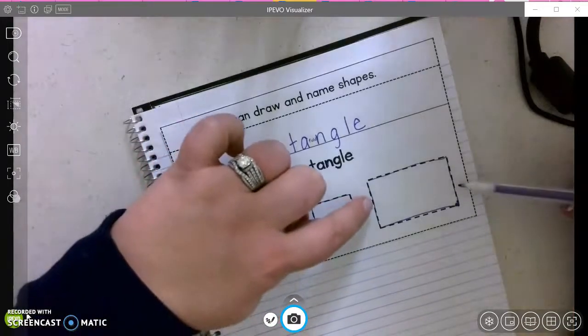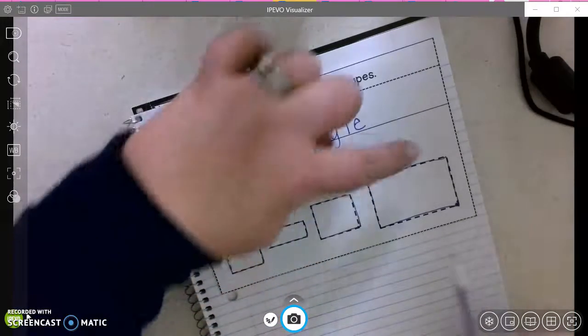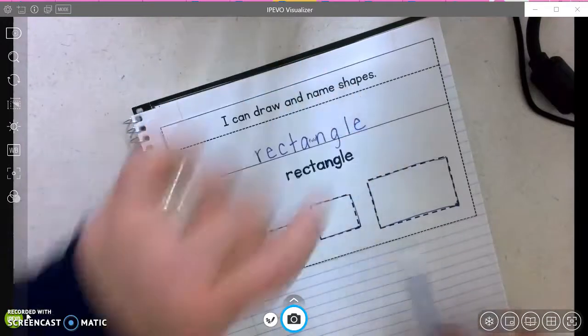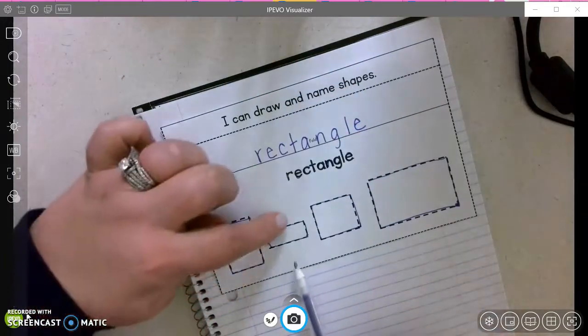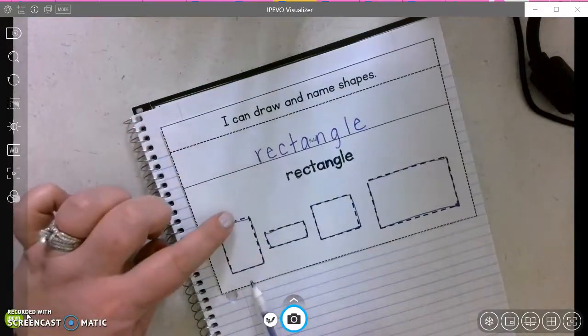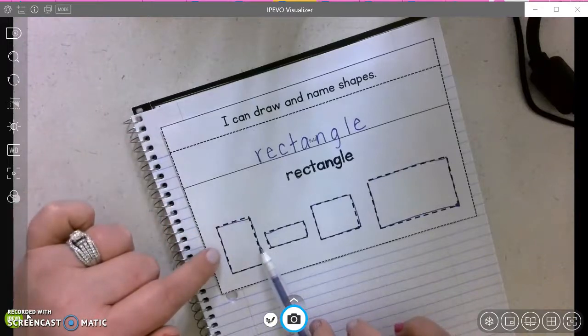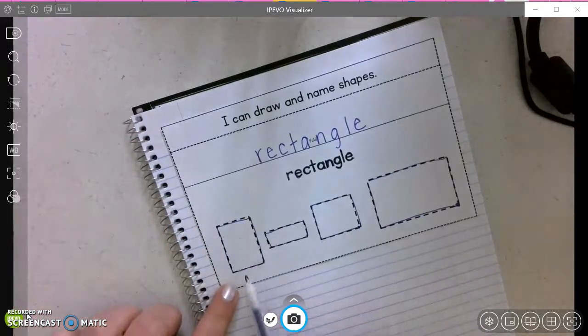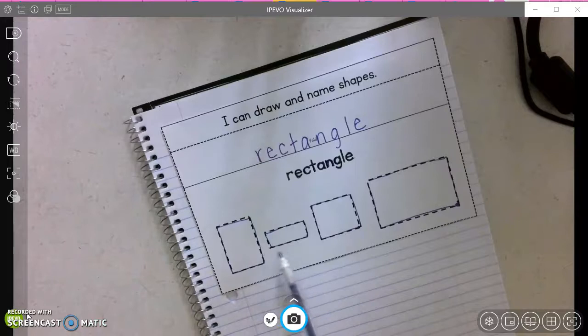So there's always going to be two short sides and two long sides. There's two short sides, two long sides, two short sides, two long sides. Okay? It can go up and down this way, or it can go across this way, but there's always going to be two short sides and two long sides.